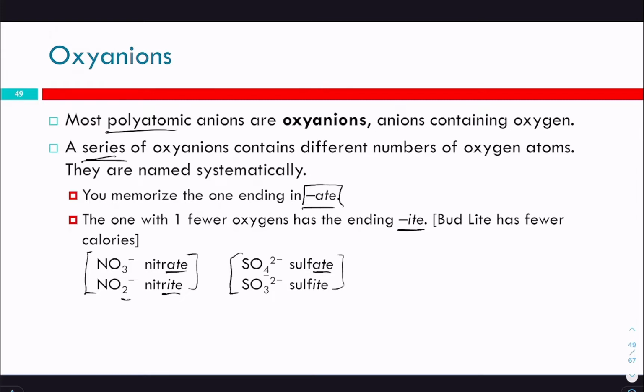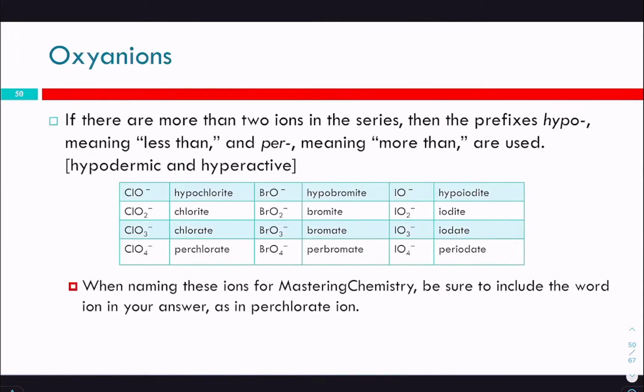If we take 1 oxygen off, then it's the ITE form with 3 oxygens, but it still has a 2- charge. A lot of them have more than just those 2 in the series, and there are 2 other prefixes that we use.